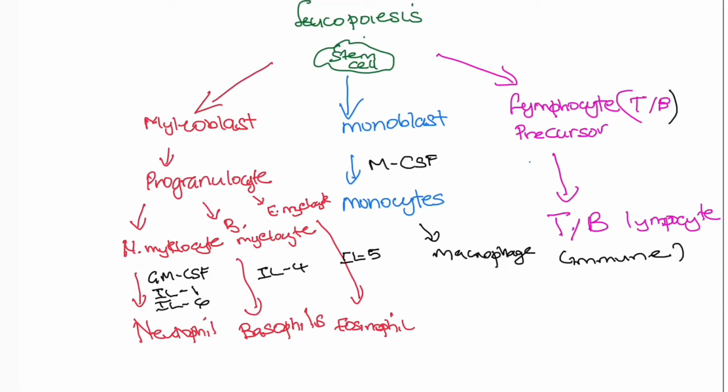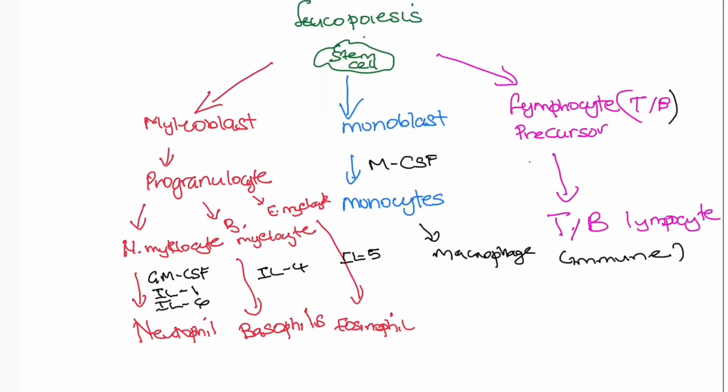Now the myeloblast is the major precursor cell for your granulocytes. So your myeloblasts will differentiate into your promyelocytes, and from promyelocytes you will get your myelocytes. Now your myelocytes are differentiated for each granulocyte. So you have a myelocyte for your neutrophil, for your basophil, and for your eosinophil.